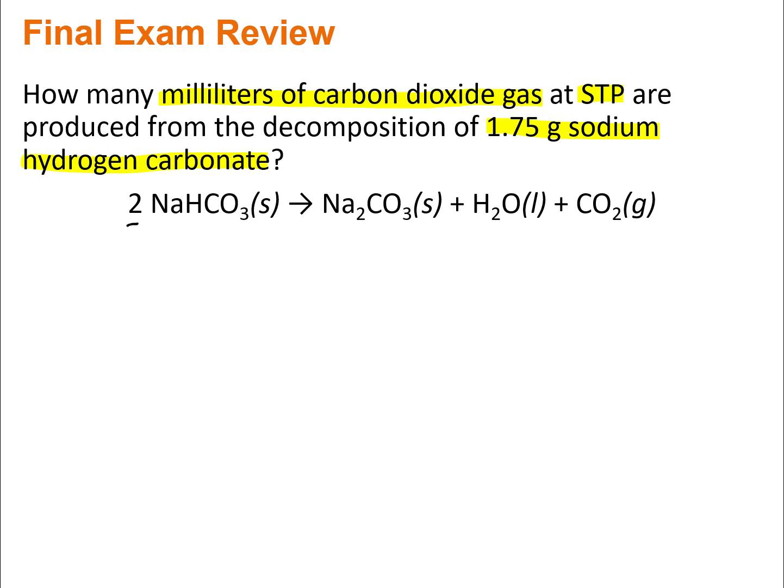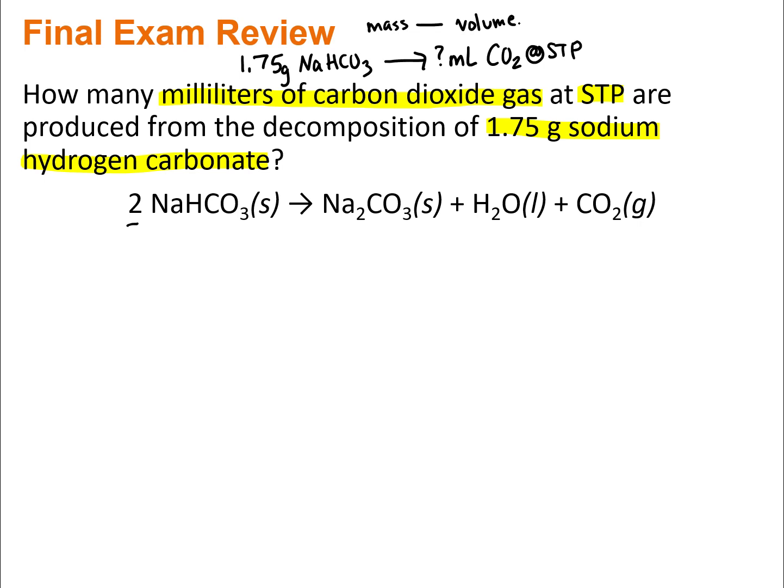Let's see what we're actually trying to do here. We're starting with 1.75 grams of sodium hydrogen carbonate. We need to figure out how many milliliters of carbon dioxide at STP. We're starting with the mass, trying to find a volume.